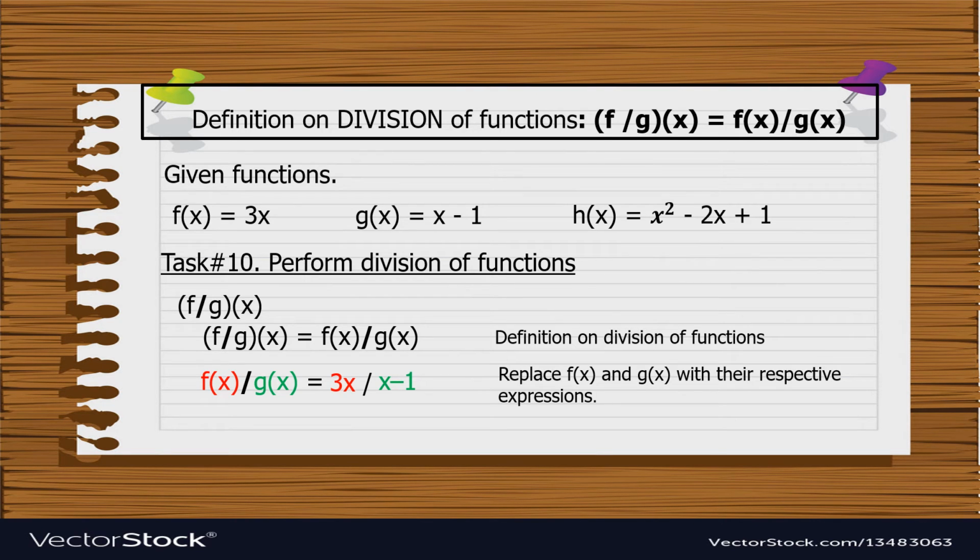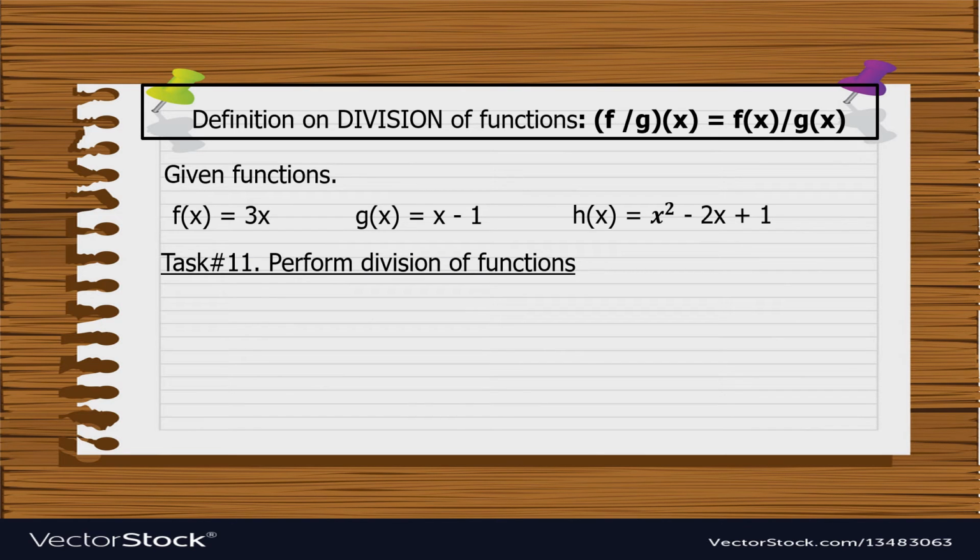Simply replace f of x and g of x with their respective expressions. Since we cannot simplify it further, the final answer, the quotient of f of x and g of x, is 3x over x minus 1.